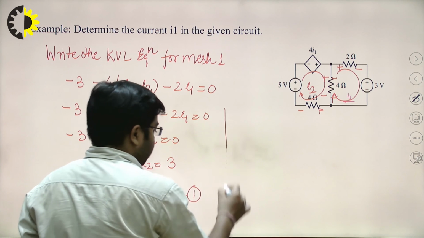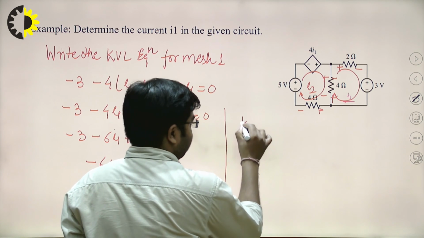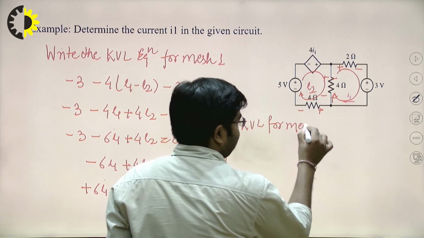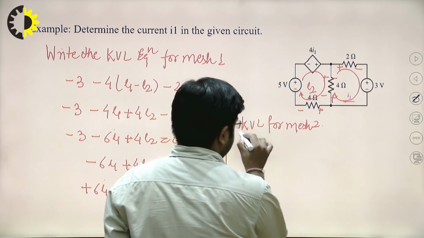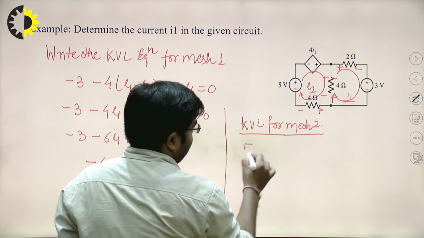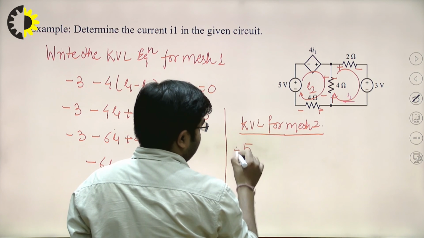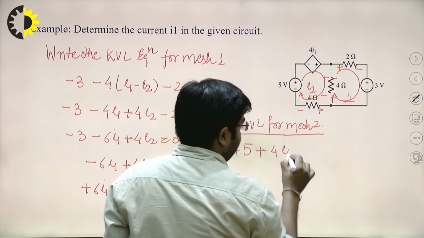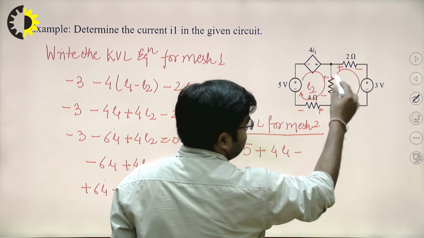Now write the KVL for mesh 2. So 5 plus 5, then plus 4 I1 minus, then the voltage drop across this resistance.